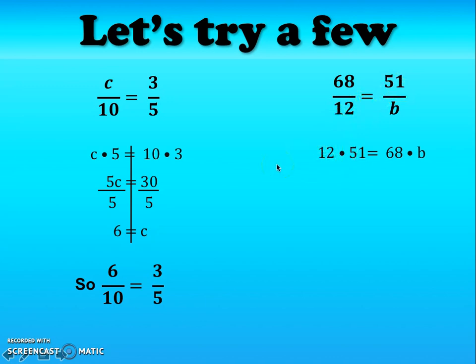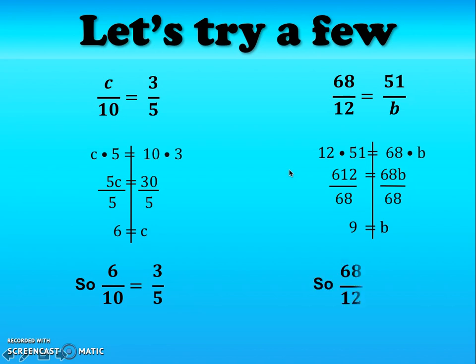All right, 12 times 51, well, 12 times 50 would be 600. 12 times 1 is 12, so 612 equals 68B. Divide both sides by 68, and I'm going to solve that my B equals 9. So 68 is to 12 as 51 is to 9.